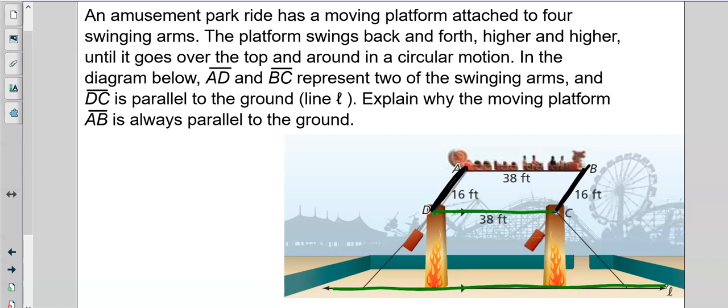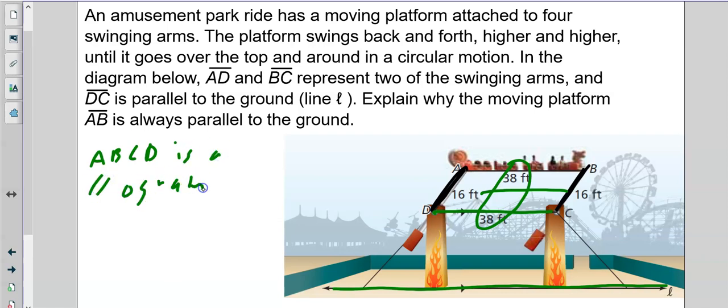Well, if you look at it, opposite sides are the same, opposite sides are the same. So ABCD is a parallelogram because opposite sides are congruent.